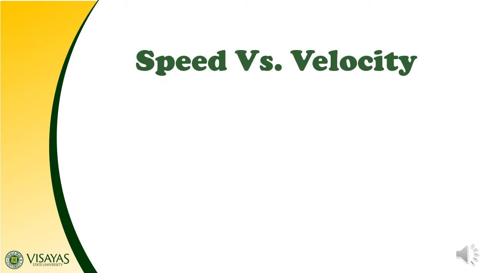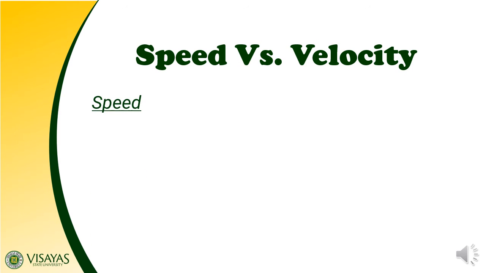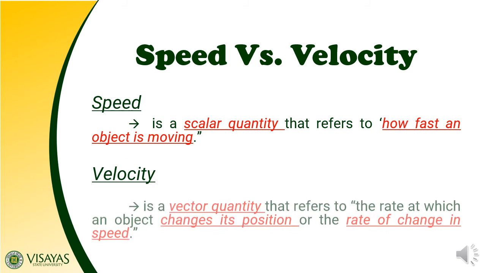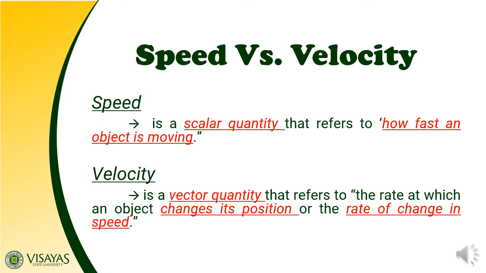Moving on, we'll be describing and differentiating speed from velocity. What is speed? Speed is a scalar quantity that refers to how fast an object is moving, while velocity is a vector quantity that refers to the rate at which an object changes its position, or the rate of change in speed. So the main difference between these two concepts is that speed is a scalar quantity while velocity is a vector quantity.